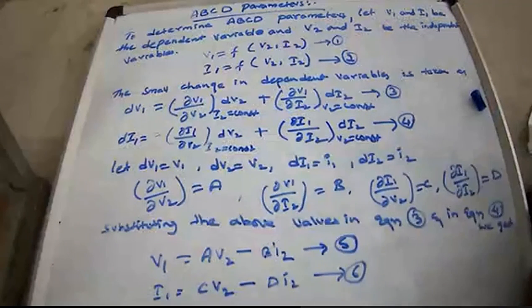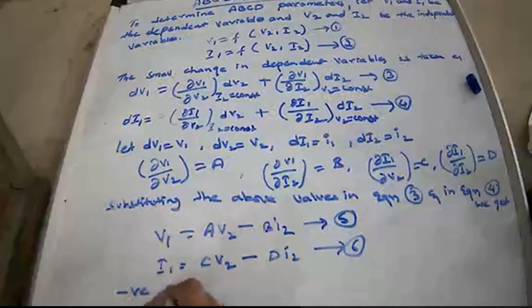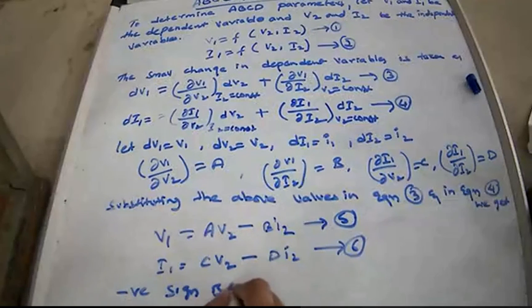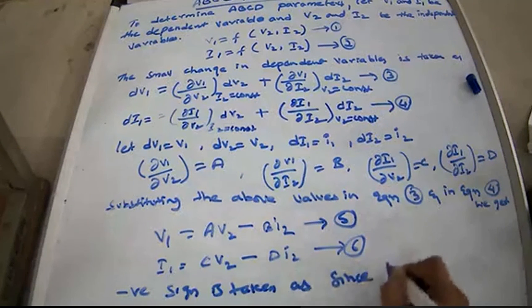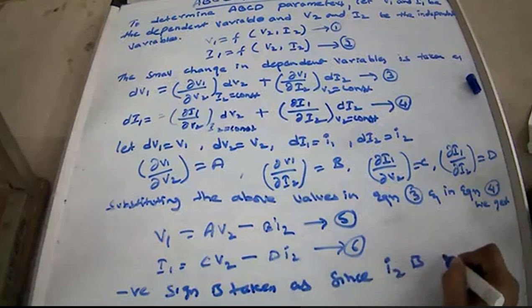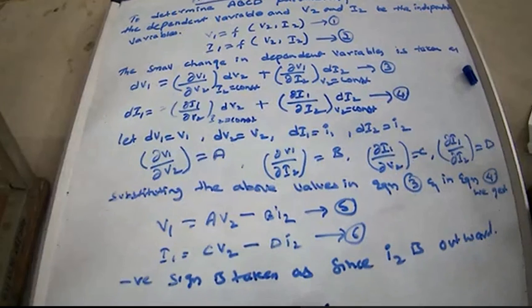So when the sign convention is negative, that is the reason we go with the minus value here. So the negative sign is taken since I2 is outward. When it is going out, minus; in, plus.